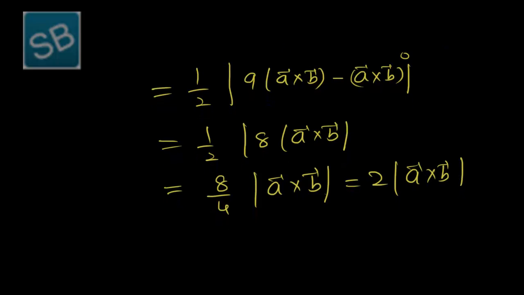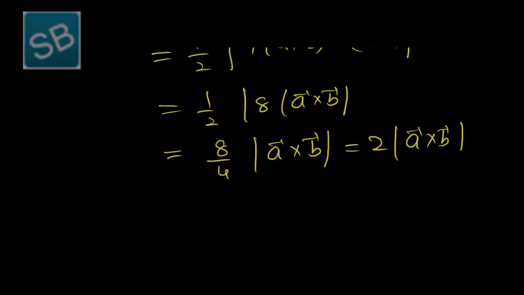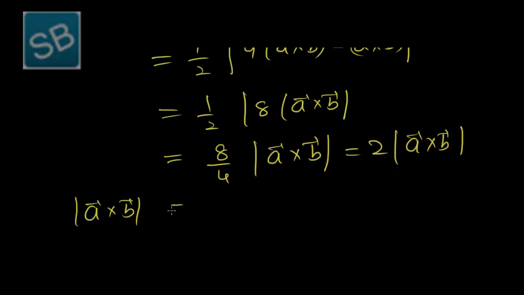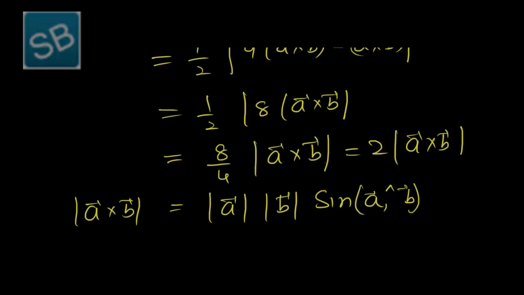And also we know that the magnitude of A cross B is the magnitude of A into the magnitude of B into the sine of the angle between vector A and vector B. That is, as vector A is a unit vector, its magnitude is 1.